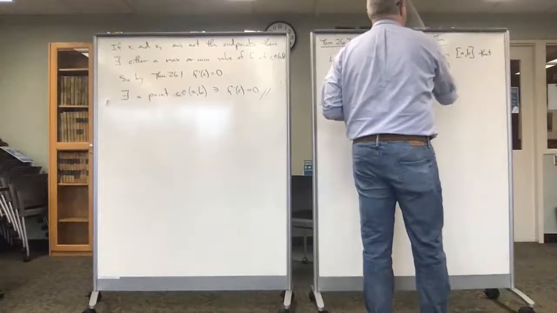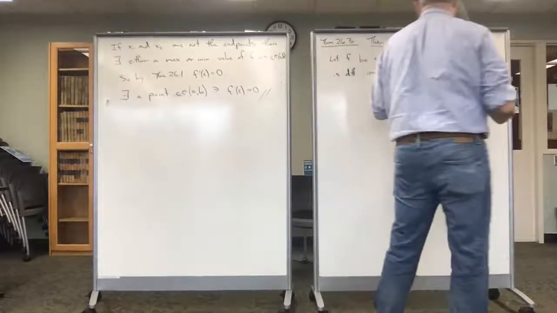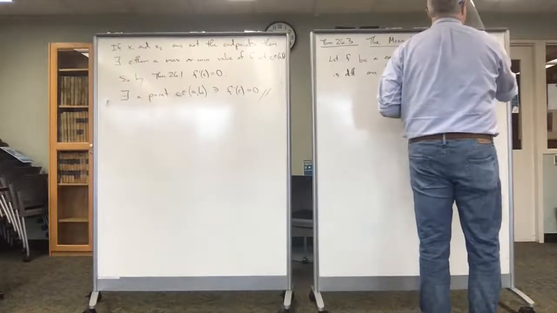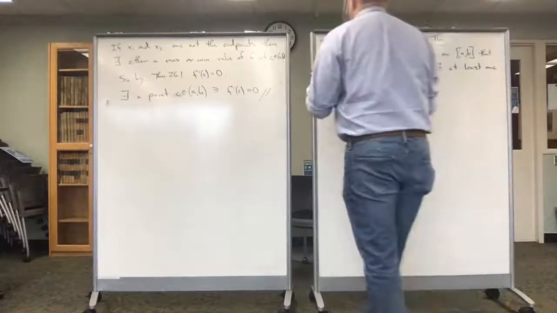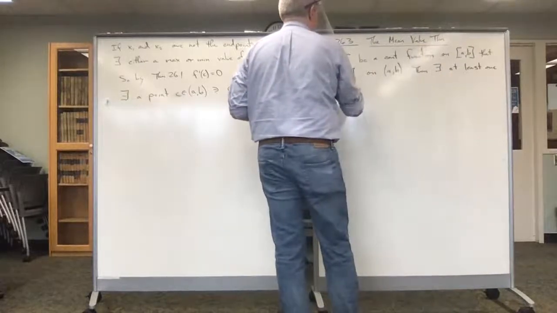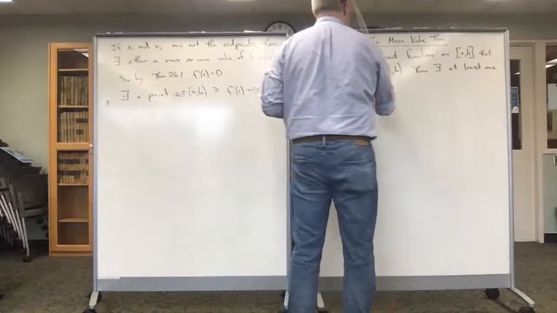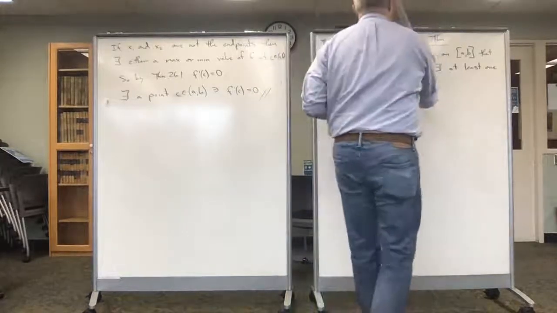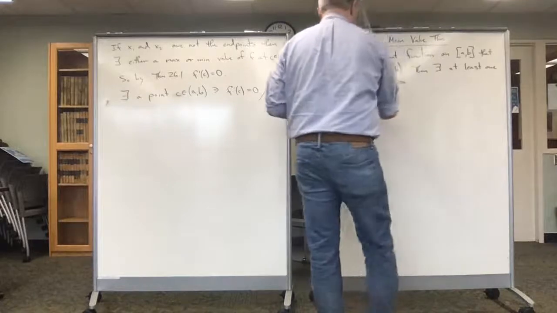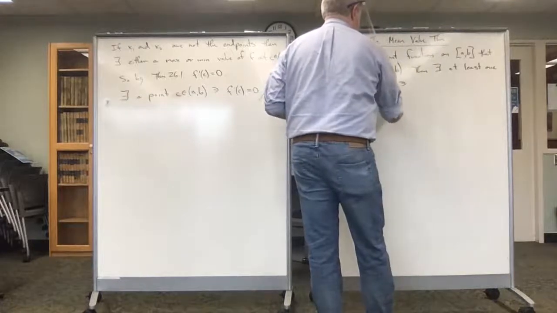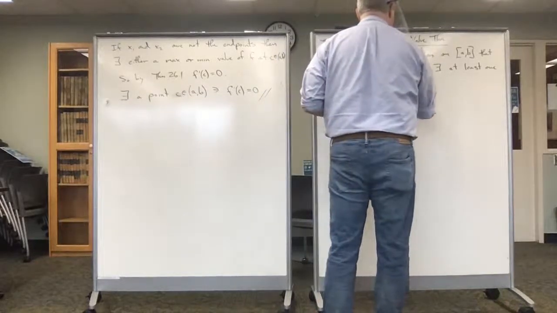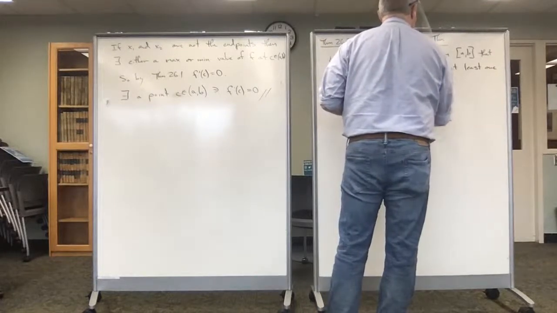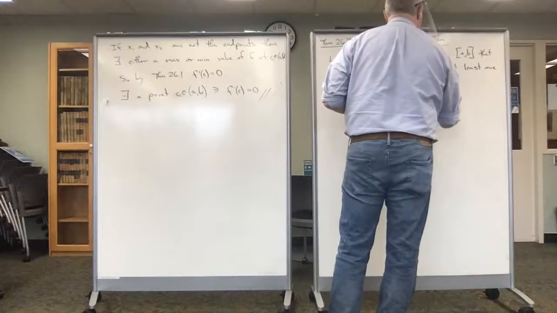Then there exists at least one point C in AB such that f prime of C is equal to f of B minus f of A over B minus A.